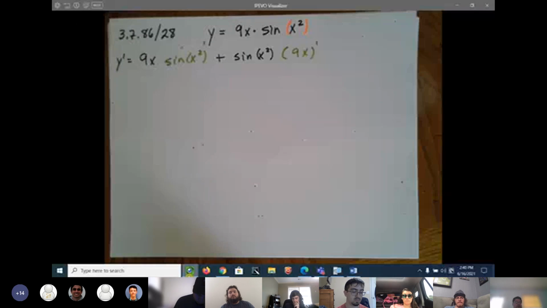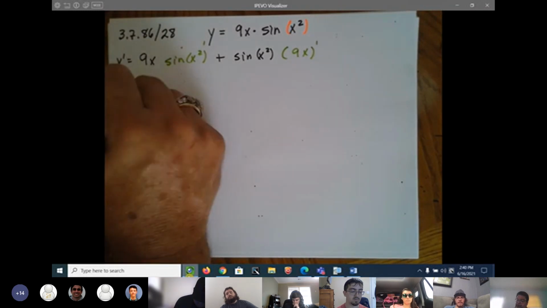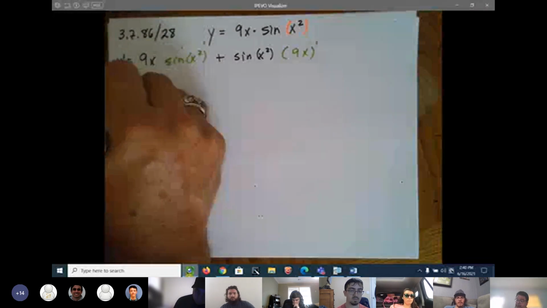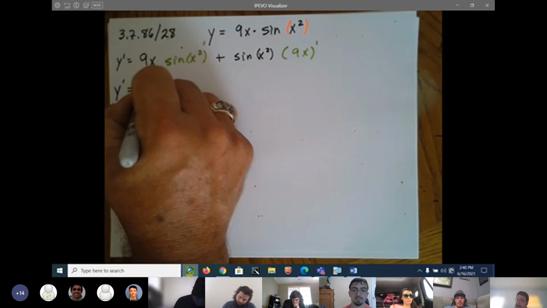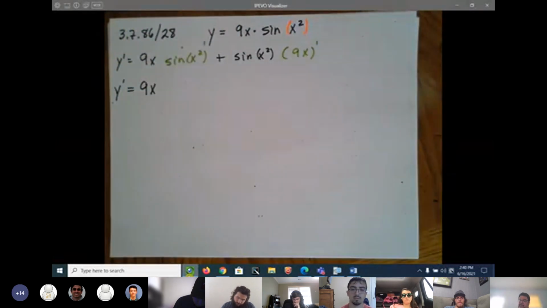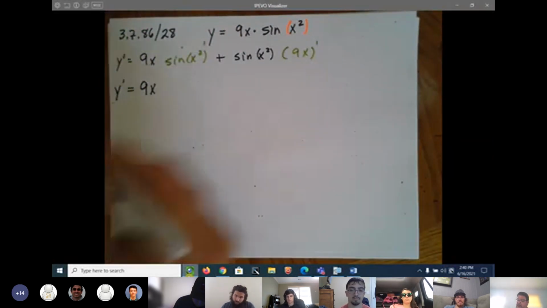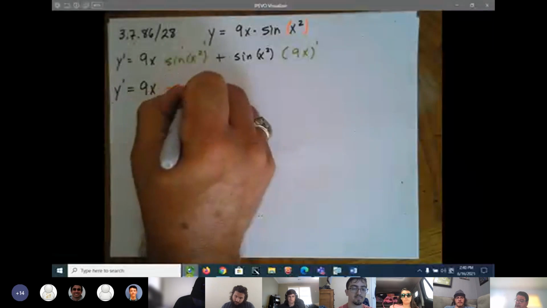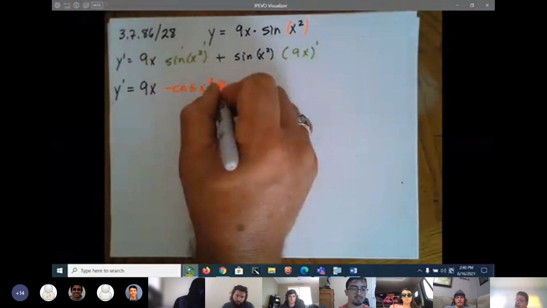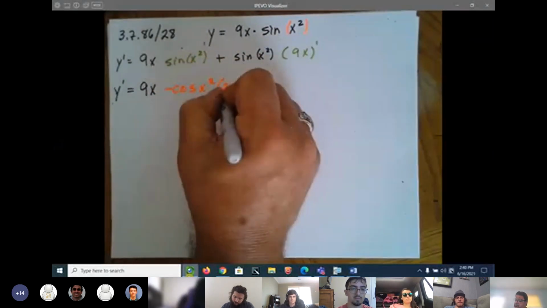Okay, I'm going to do the derivative in orange, and I'm going to write everything step by step, so that the people that struggle with this will see every step. 9x, the derivative of the sine is the cosine of x squared, and then 2x.